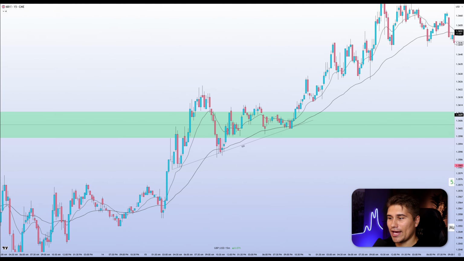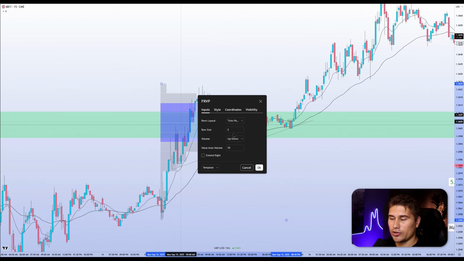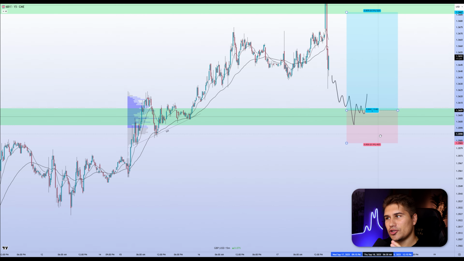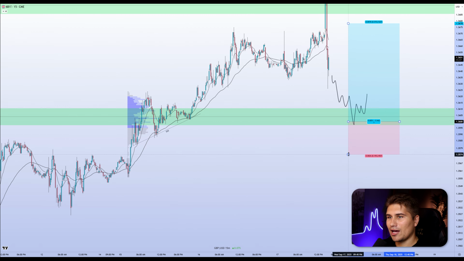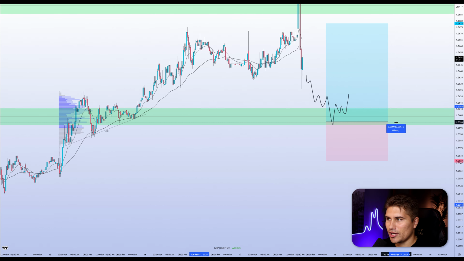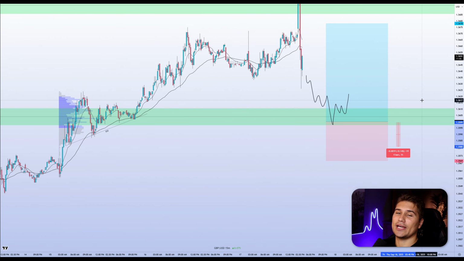Additionally, we also have an unmitigated fair value gap down here. Let me actually change the size of this just to be on the safer side. If my entry is, let's say, around 1.36 or slightly below that, I'm going to place my stop loss right below that fair value gap, just in case the price drops, let's say 10 or 15 ticks before we get a reversal.